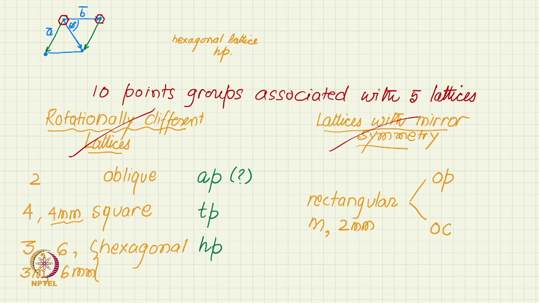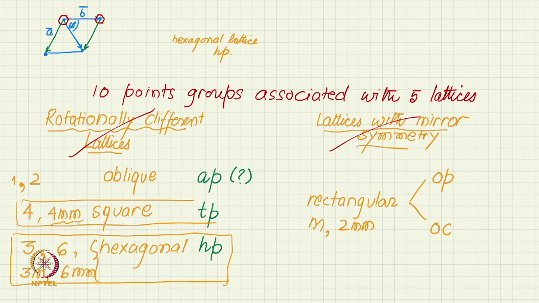One is oblique, so that will go there. So we have all the 10 point groups now: 10 point groups and 5 lattices. Hexagonal lattice supports 4 different point groups. A square supports 2, oblique supports 2, and rectangular also supports 2.